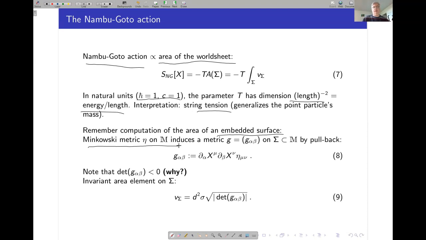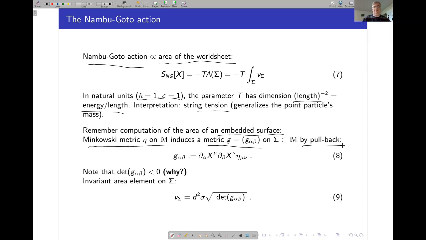Because if you have a surface, or more generally some manifold embedded into another manifold, and the manifold you embed into has a metric, then we get a metric on the embedded surface by pulling back the metric that we have on the embedding space. The formula is given in formula number 8.